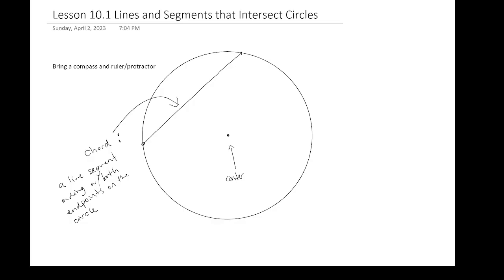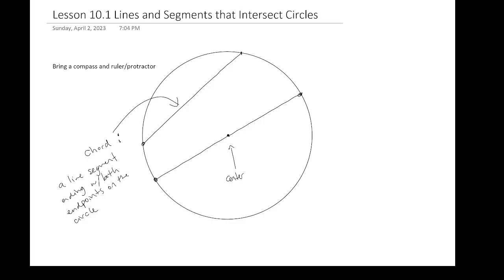Now let me get a little bit further into this and draw another one of these, okay? And think about what I drew. I drew a line segment, and it goes through the center and has endpoints on the circle.